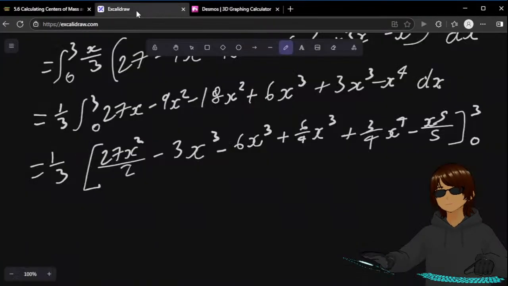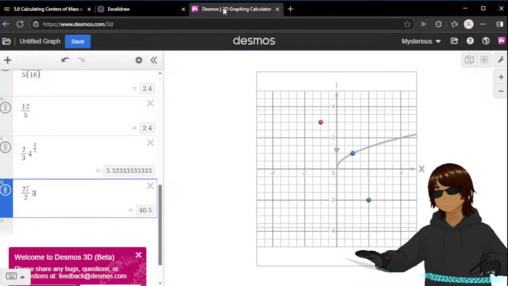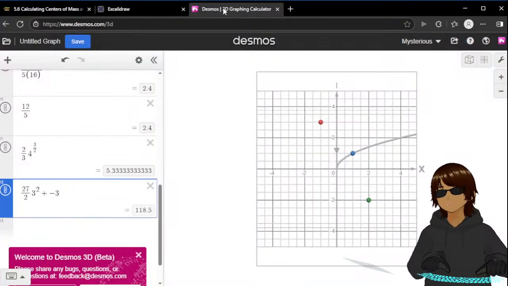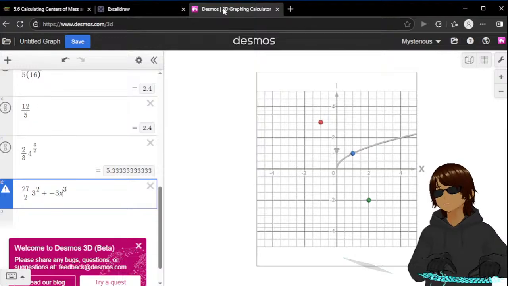Over 2, 3 squared plus it with minus 3 cubed.